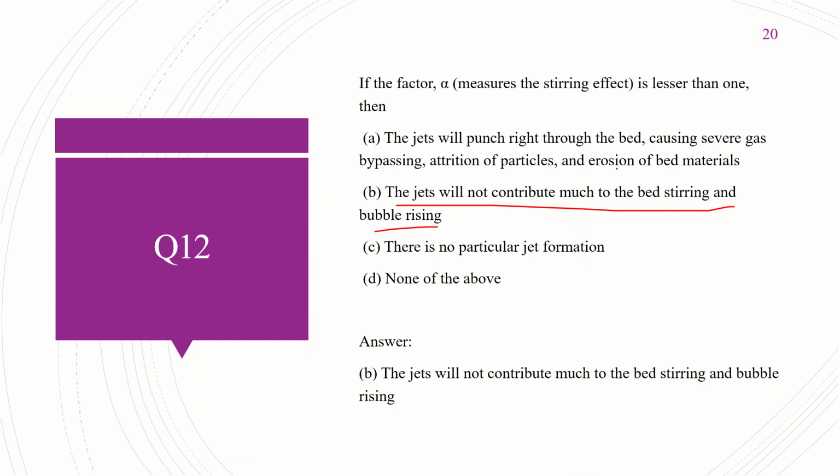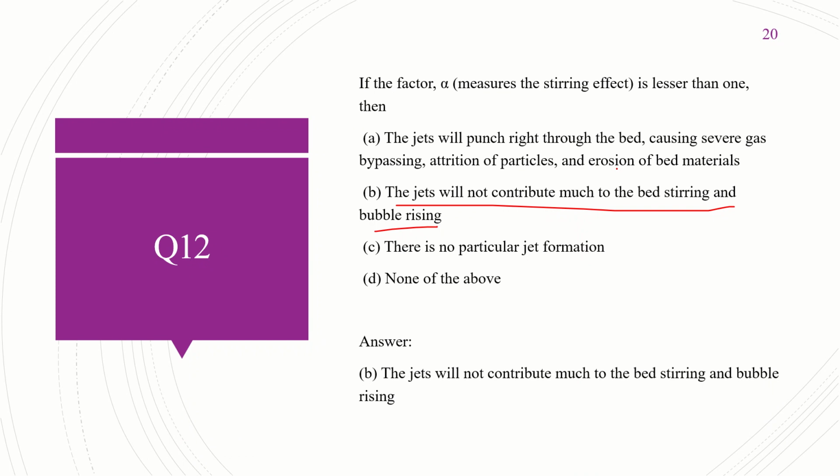It is the measure of stirring effect, because we already saw that when we are dealing with finer particles, it is not only sufficient to use the proper distribution system, it also becomes necessary to use additional support to ensure the particles get mixed uniformly.